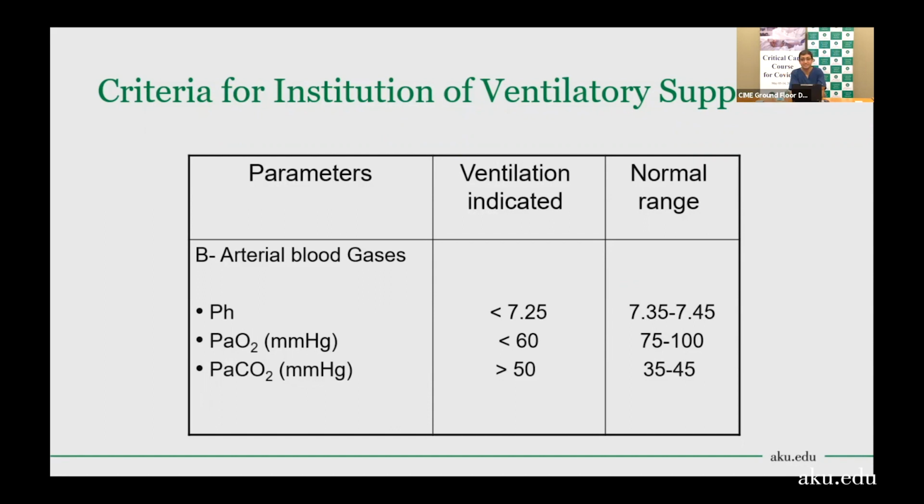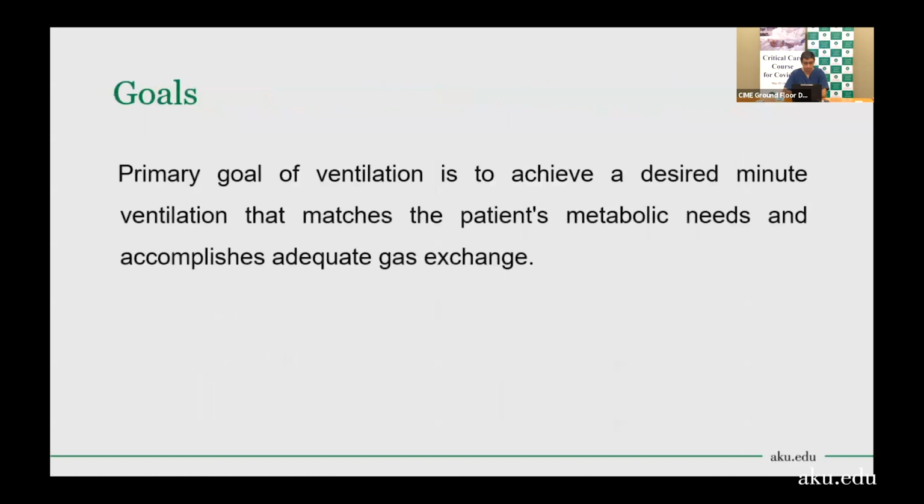If the PaO2 is less than 60 and the PaCO2 is greater than 50, again, be warned with COPD patients, they may have a PaCO2 of greater than 50 with a normal pH. So it's not just one number, but the series of numbers and the whole trend, which we have to take into account.